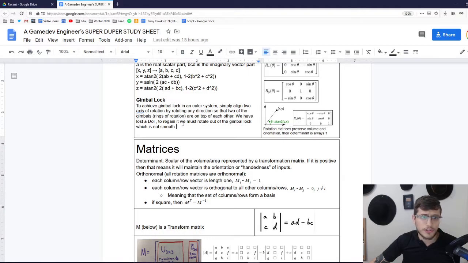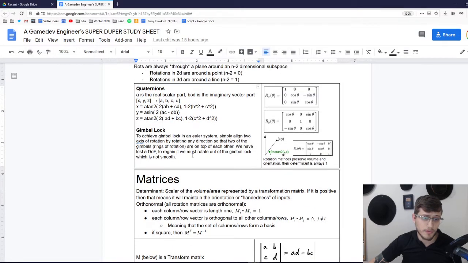And then just to understand Gimbal Lock: to achieve Gimbal Lock in an Euler system, simply align 2 axes of rotation by rotating in any direction so that the 2 gimbals, these are the rings of rotation, are on top of each other. And that loses a degree of freedom, which you can of course regain, but the problem is that you can't regain it smoothly. So when you're linearly interpolating, it's not going to work smoothly if you are in a Gimbal Lock situation.